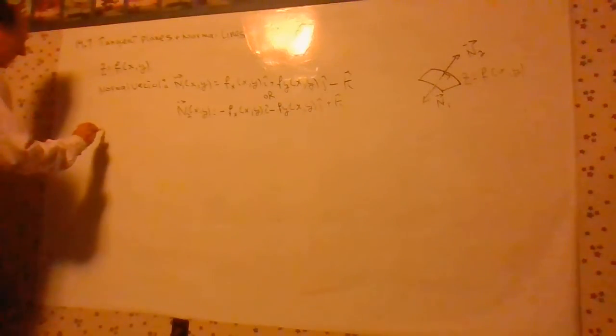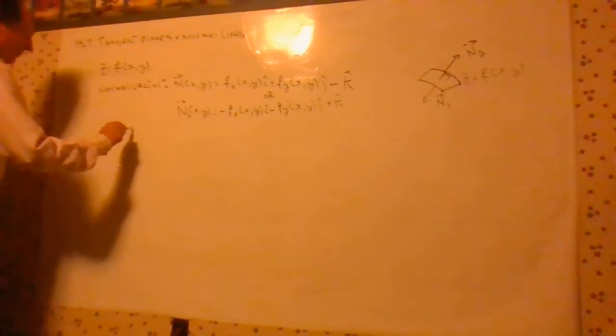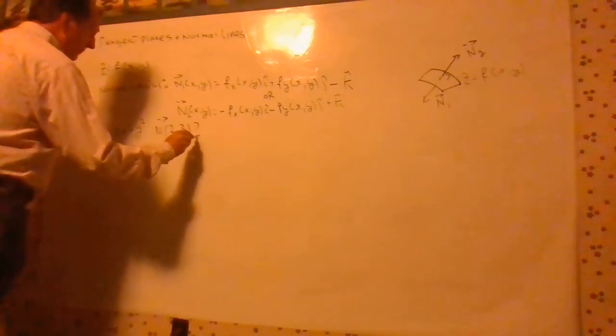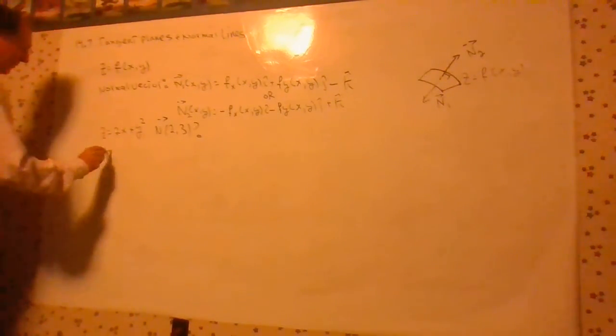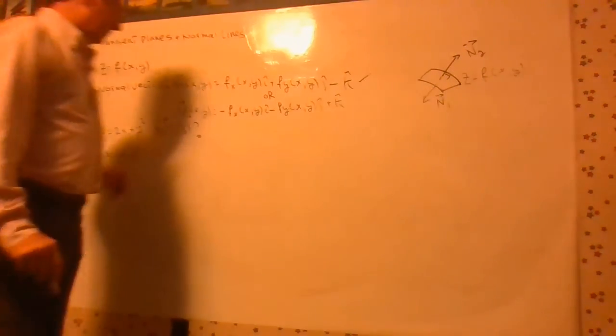Let's suppose z equals 2x plus y squared, and we want the normal vector at 2, 3. Well, we can find the normal vector as a function of x, y. And let's use this top one for no particular reason.